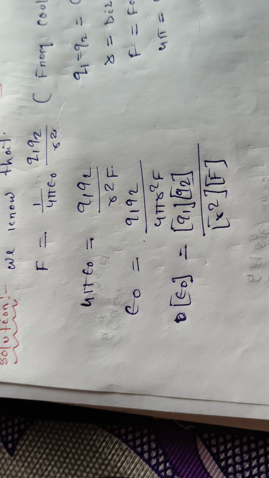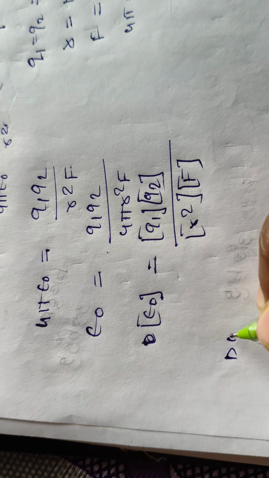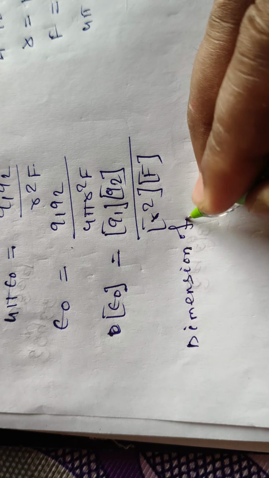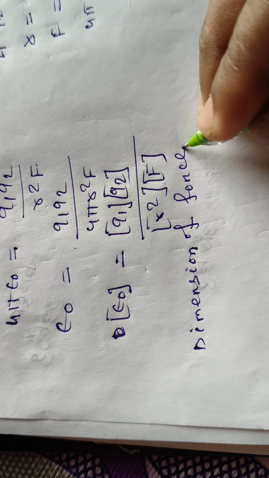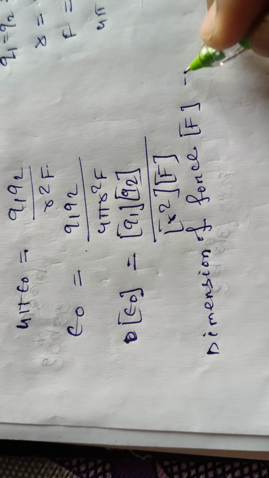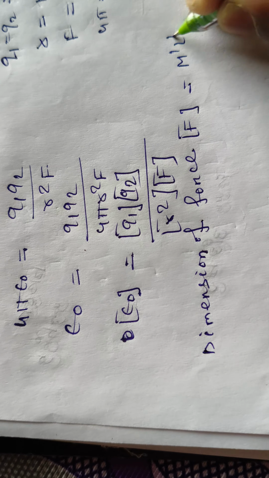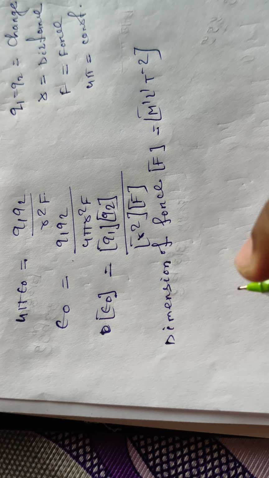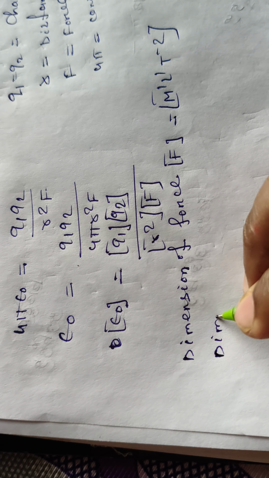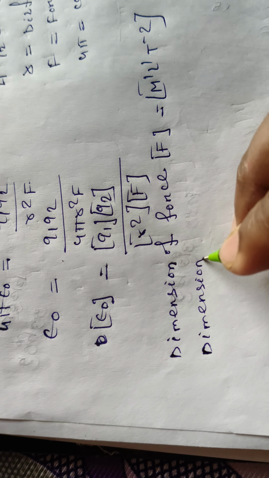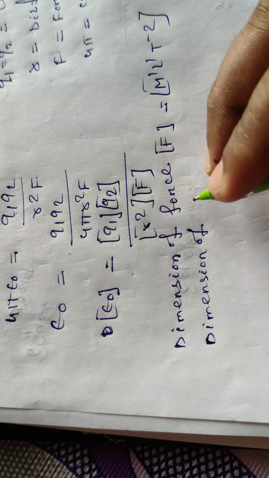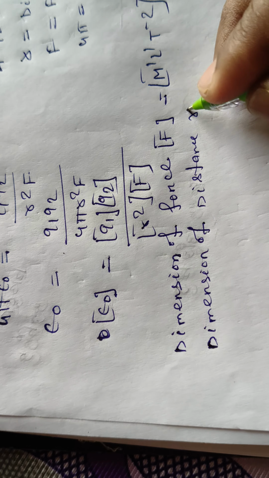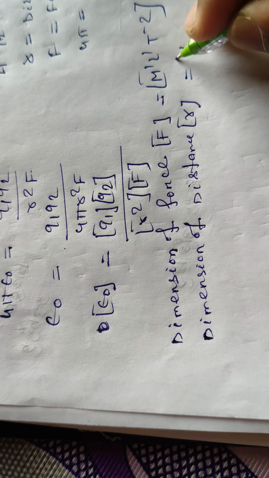So dimension of force, F is equal to m1 l1 t to the power minus 2. Dimension of distance, that is r, is length.